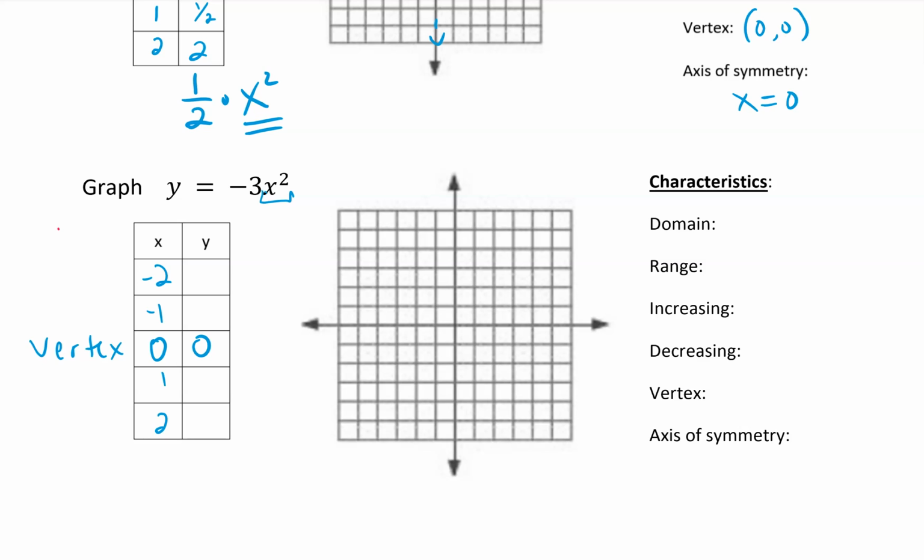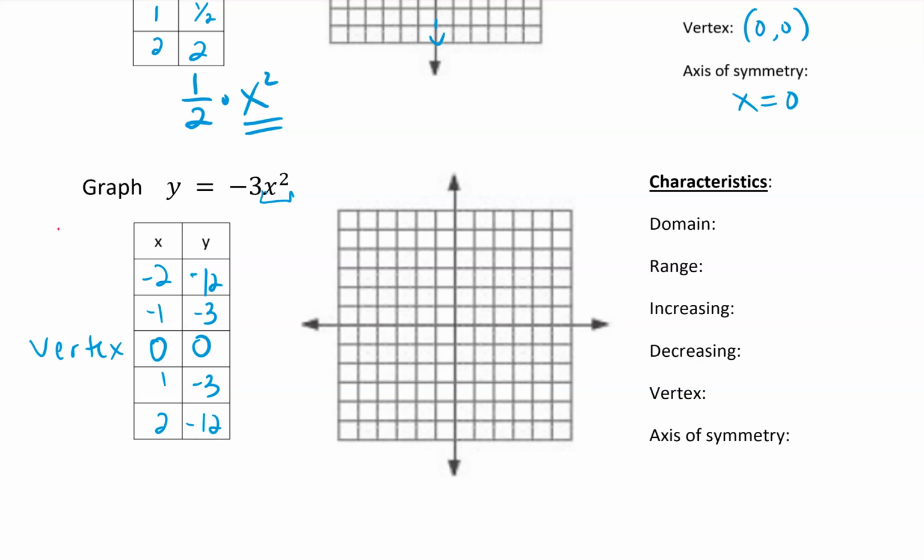So -2 squared is 4 times -3 is -12. -1 squared is 1 times -3 is -3. 1 squared is 1 times -3 is -3. And 2 squared is 4 times -3 is -12.